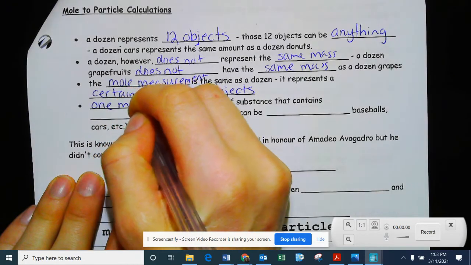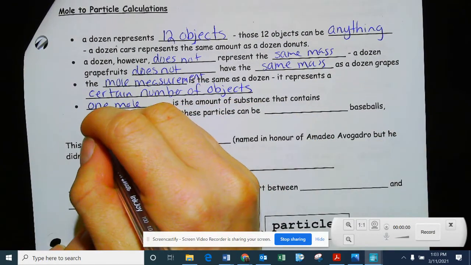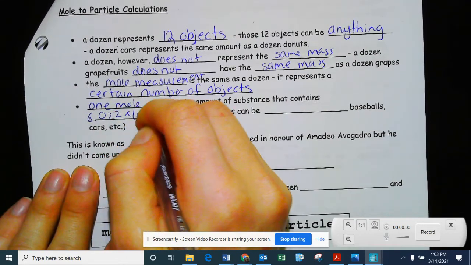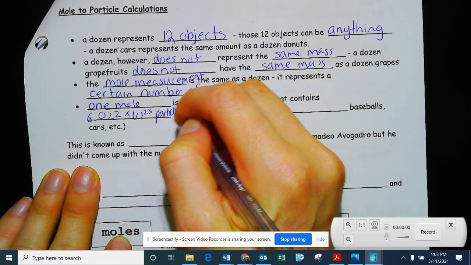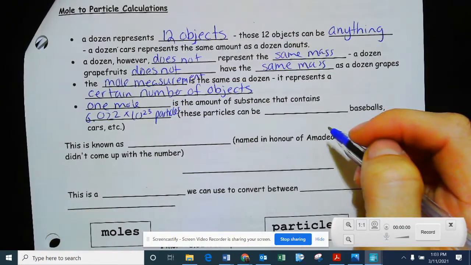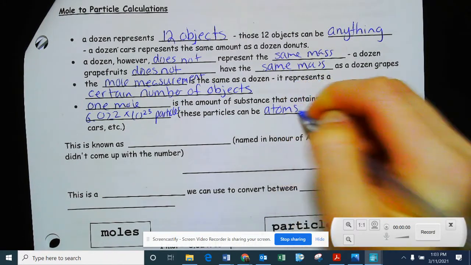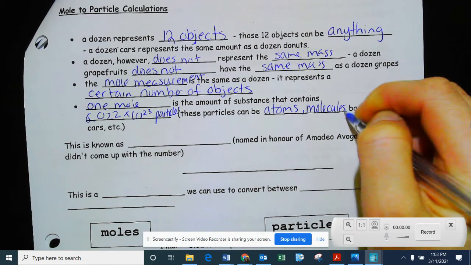And again, 1 mole is the amount of substance that contains particles. These particles can be atoms. They can be molecules. What's the difference between an atom and a molecule?